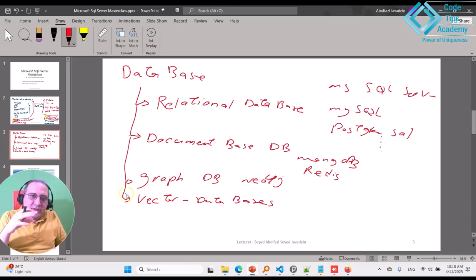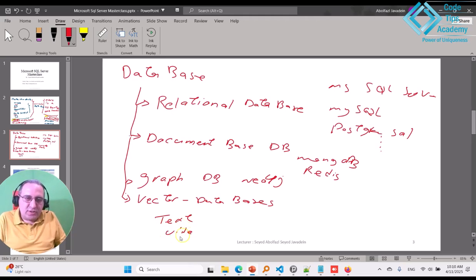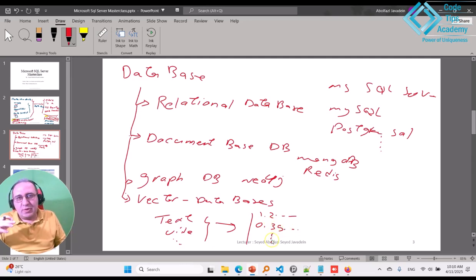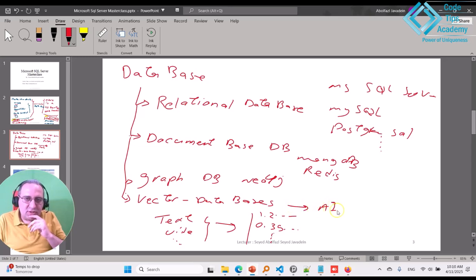Vector databases maintain any type of data, for example text, video, image, anything, and save it as a vector of numbers, for example 1, 2, and 3, or 0, 2, 3, 4. We use these vectors of numbers for calculation in AI systems. Vector databases are used in AI applications and AI systems.